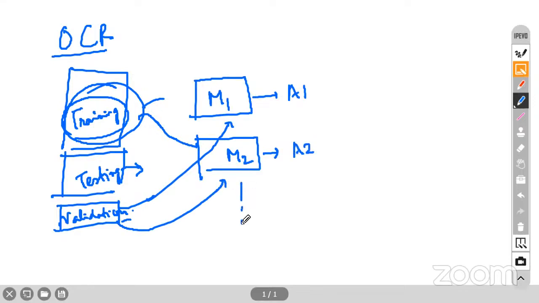You can create a set of models and see which is the best. For example, if M4 is the best, that model is final, and you use it on the testing data set to get the accuracy. This is the way we do performance measurement of any data set.